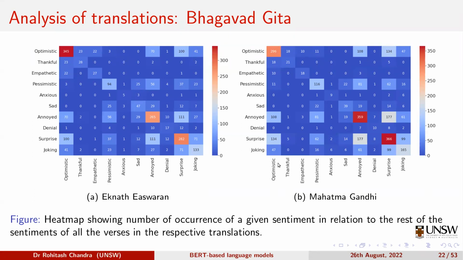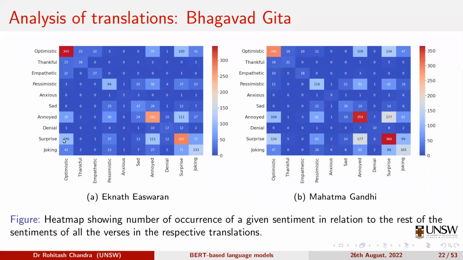But in Mahatma Gandhi's version, we also have them, but the numbers are not the same, though they are in a similar order. Basically, you have surprise in Mahatma Gandhi's, which is the highest, and in Eknath Easwaran's, optimistic and surprise is the highest.